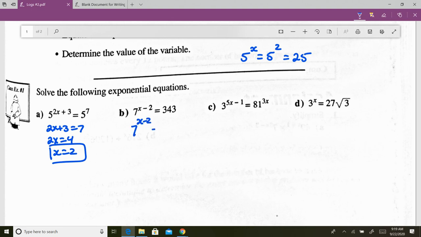So I changed the 343 to 7 cubed. Once the bases are the same, you just deal with the exponents. So x minus 2 is equal to 3. So x is equal to 5.